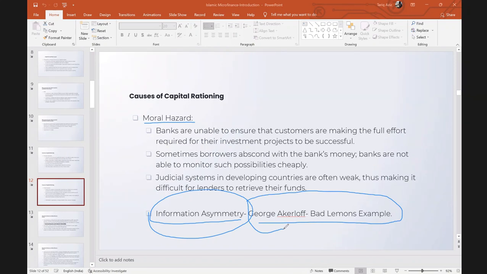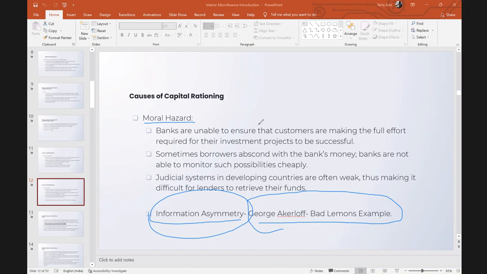George Akerlof is an economist who demonstrated in his paper that if there is a market for anything, and it is very difficult to ascertain the quality of the product in that market, then the market will be flooded with bad products, because nobody will be interested in manufacturing and selling genuine products.